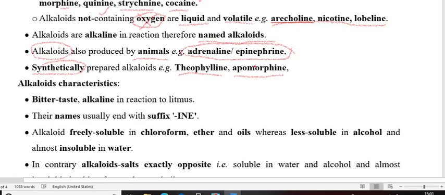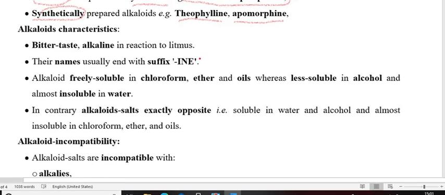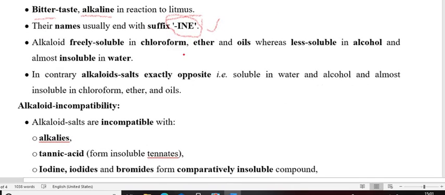Now we have to go through some of the interesting characteristics of the alkaloid. Usually the alkaloids have the suffix ine, that we already discussed. That is alkaline in nature. So it is bitter in taste, and it gives the litmus property, that is the alkaline property.